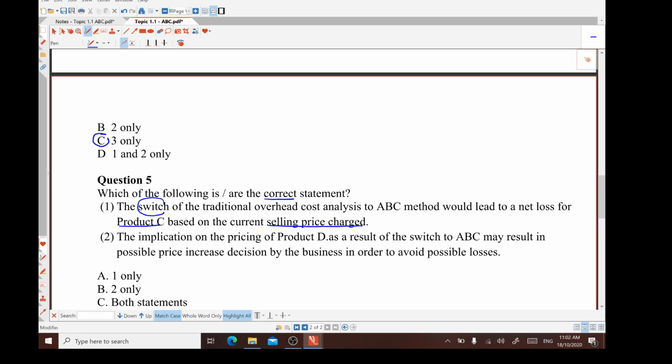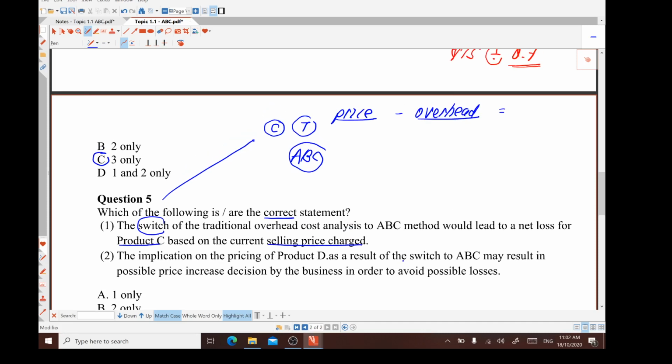Okay, so once again, let's analyze C here. Now, we can go for traditional or we can go for ABC. We just want to know, assuming we are taking the price minus the cost, which here we assume is the overhead cost, we can see whether that's profit or loss.